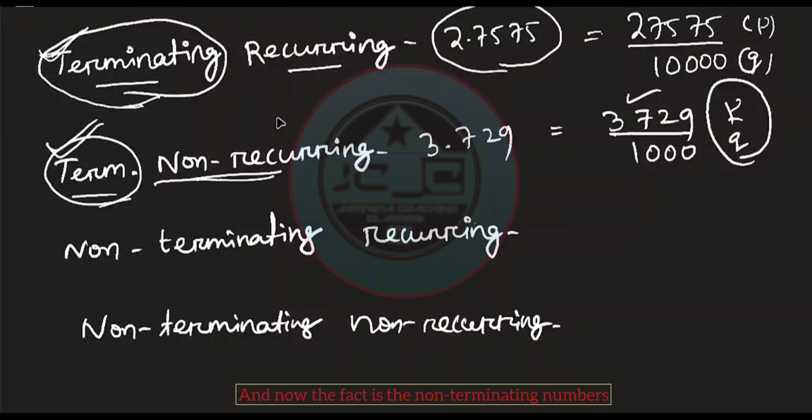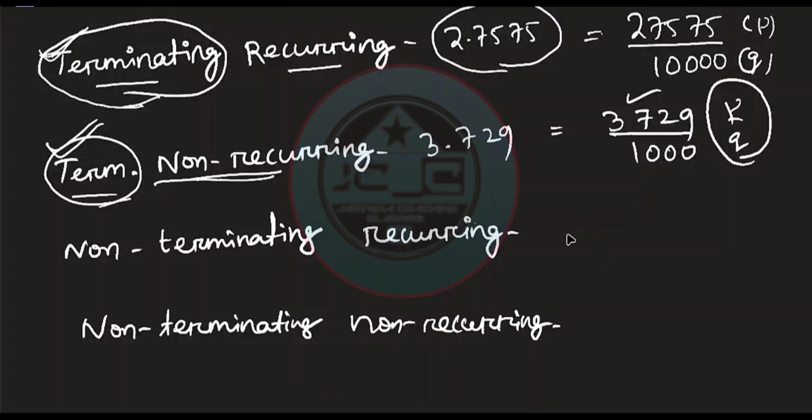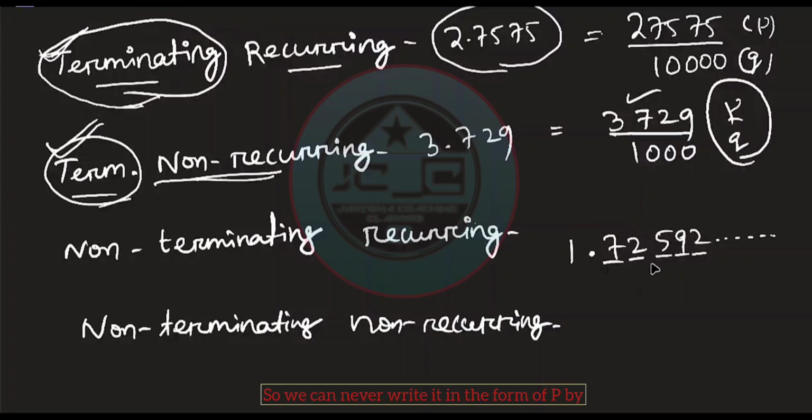Now the fact is that for non-terminating numbers, we do not know how many digits are there after the decimal. Let's say 1.72592 dot dot dot. We do not know how many digits are present after the decimal, so we can never write it in the form of p by q.